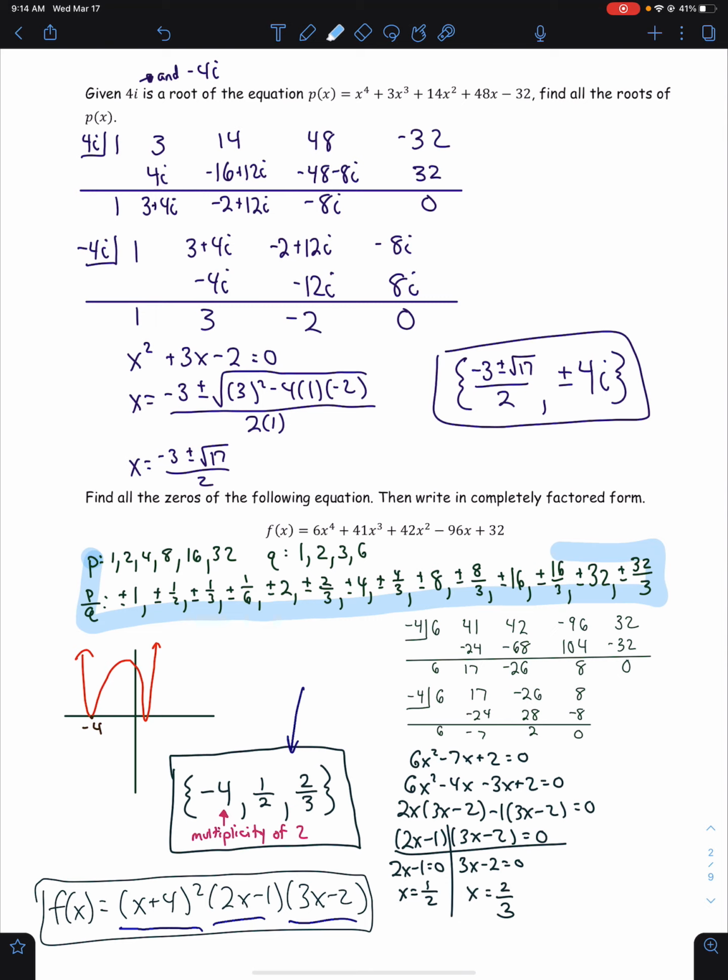You have to show that you know how to find the potential rational zeros and use synthetic division on those zeros until you get a quadratic or a cubic that you can factor, or a quadratic that you can use completing the square or the quadratic formula. So you have to do all of those steps. It's just a little shortcut to see what the actual zeros are. So let's go to the next page.